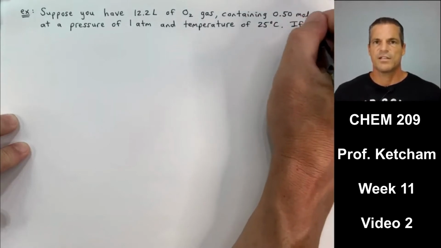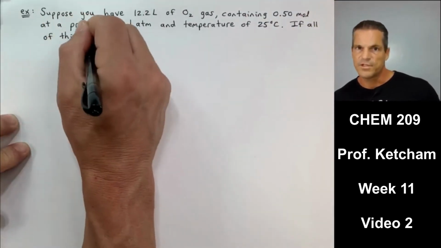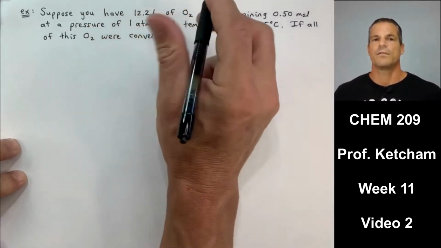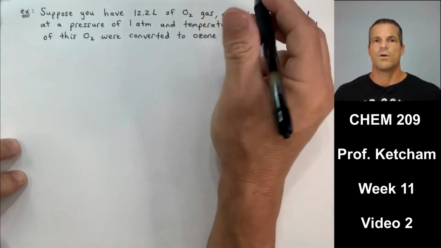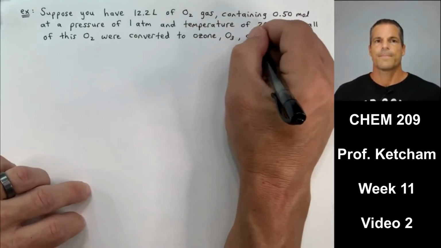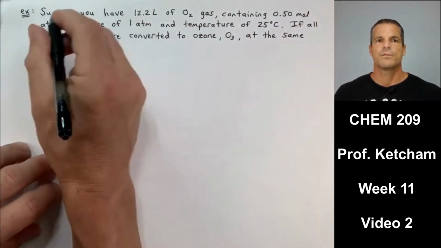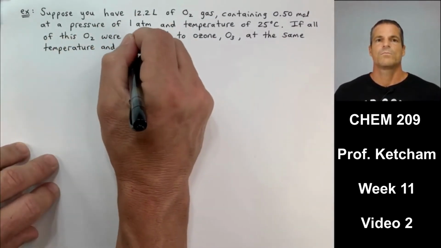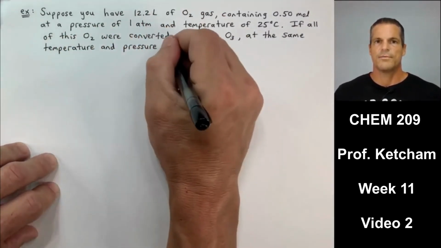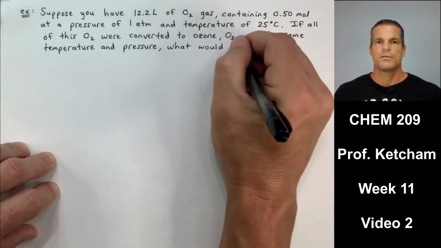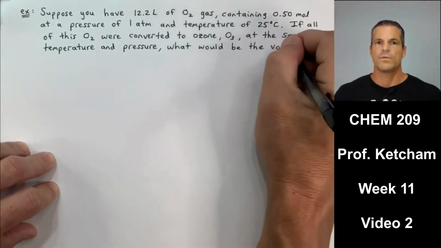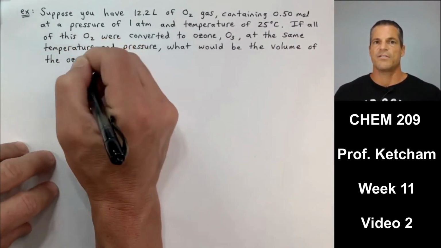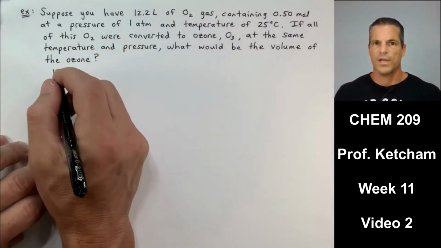If, there's the conditional, moving into situation 2 now, if all of this O2 were converted to ozone, O3, at the same temperature and pressure, what would be the volume of the ozone gas? So they want us to find the volume of O3.